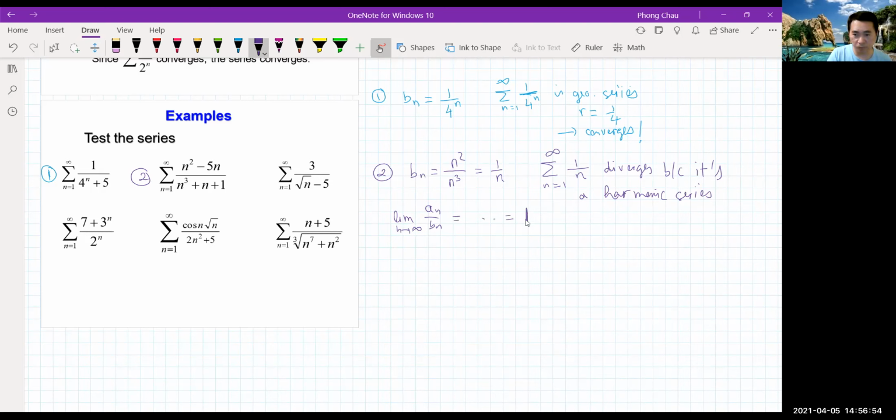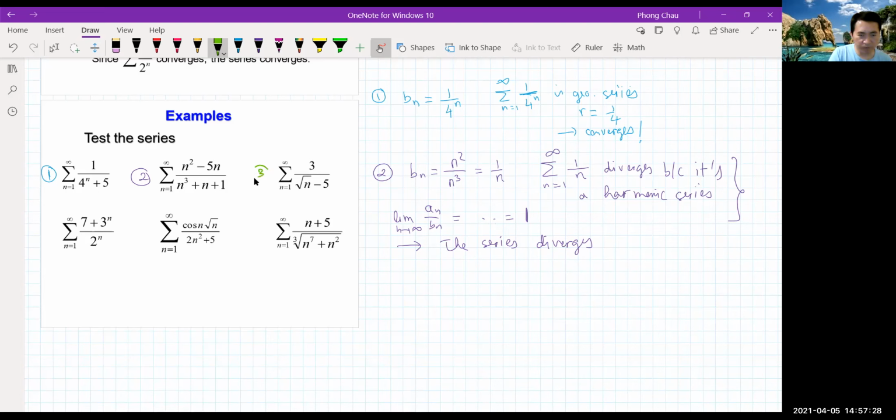And since this is 1, these two combine, you can conclude that the series we are testing diverges. Now keep in mind, we always have 2 steps. Check the series, come up with a series and test that new series, then you do a comparison, and then you can conclude. Okay.